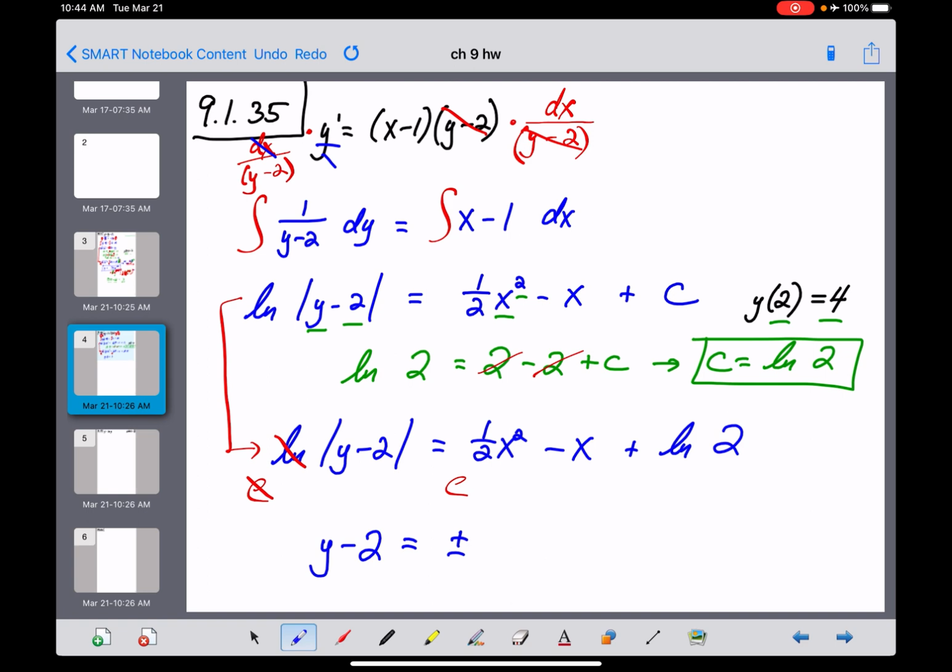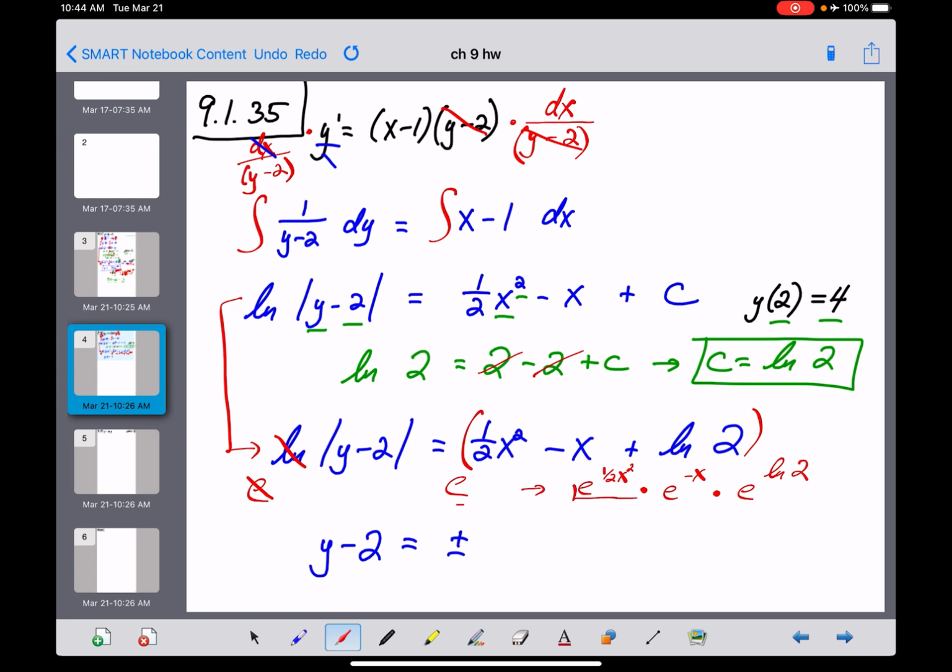Now, I keep explaining this in one video after another, but I'm not sure what you guys have seen and what you haven't seen at this point. E raised to a trinomial power could really be written as e to the 1/2 x squared multiplied by e to the negative x, and then multiplied by e to the natural log of 2. I'm going to do it that way.